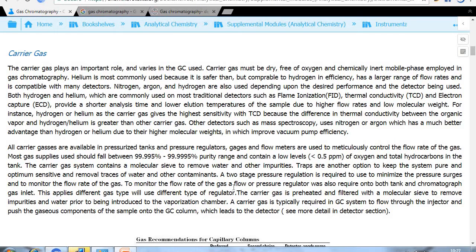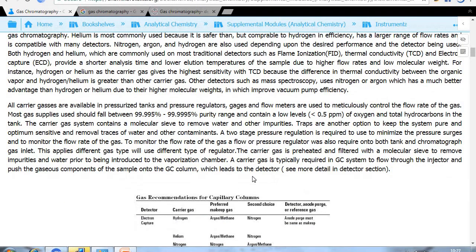Whatever gas you are going to use should have very high purity, in the range of 99.99 percent, and the oxygen content should be very low, because if oxygen is present, it may change the property of your sample. It should be inert, so the oxygen should be as low as possible. The carrier gas cylinder will be equipped with a molecular sieve at its mouth, for removing any water content and other impurities.